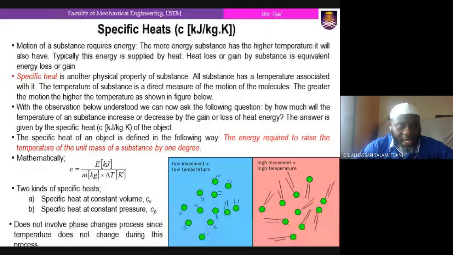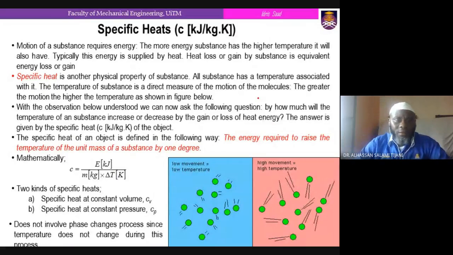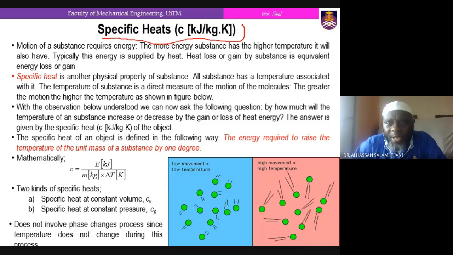Specific heat capacity is basically the amount of energy required to raise the temperature of a unit mass of a substance by 1 degree Celsius. The term specific heat capacity is very important as far as thermodynamics is concerned. Specific heat is another physical property of a substance.